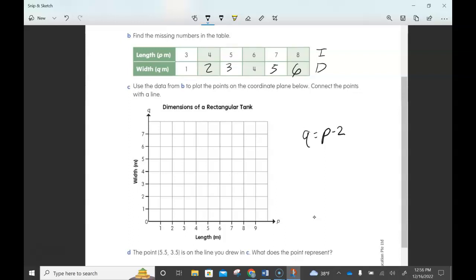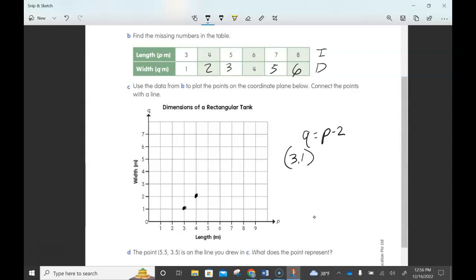Taking a look at this, we're just going to graph these ordered pairs on our coordinate grid. We can see 3, 1: length is 3, the width is going to be 1, so we'll plot our point just like this. Next one, 4, 2. Go over 4 and go up 2.